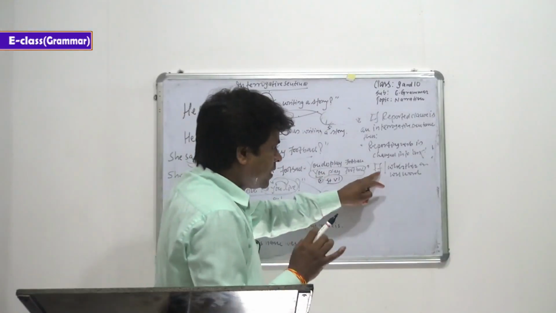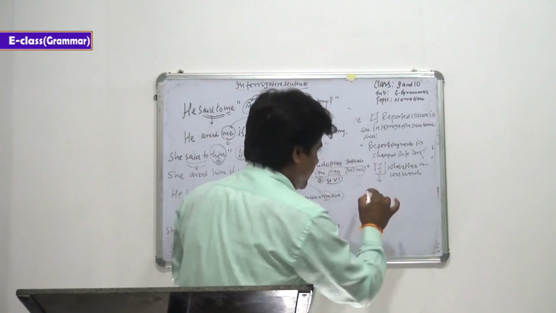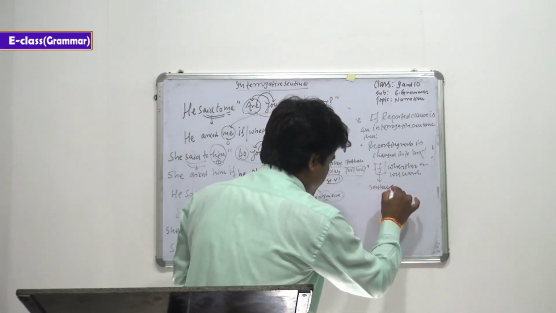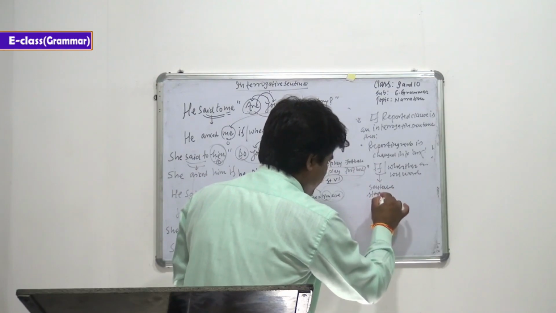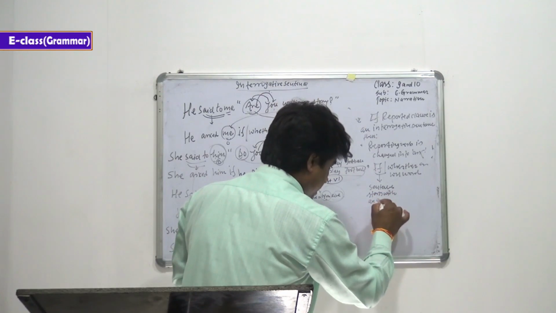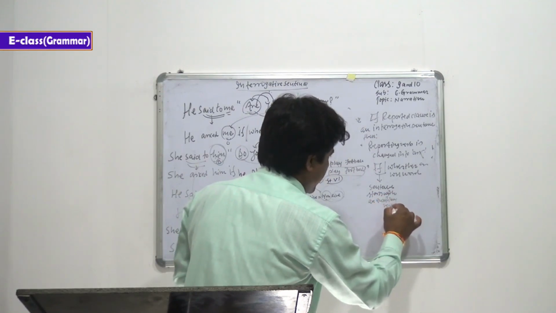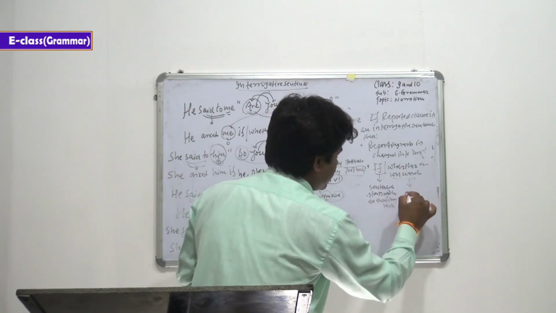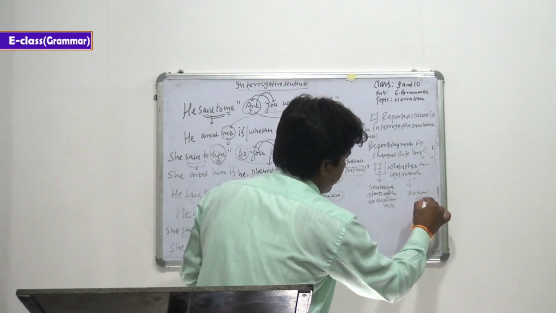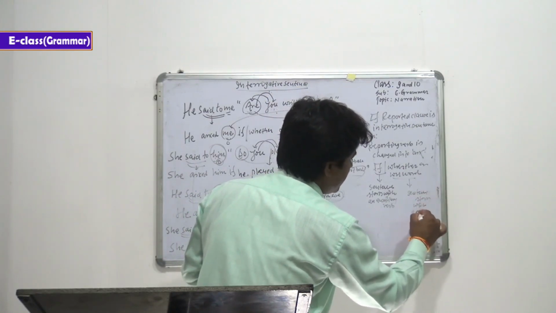Remember, if or whether, if the sentence starts with an auxiliary verb, whereas a WH word, when the sentence starts with a WH word.